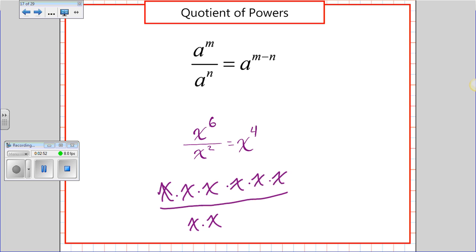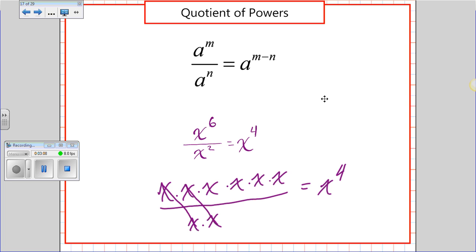Now, you could cancel out top to bottom, x over x and x over x. You're reducing out 2 x's, and you're left with just 4 x's. So the answer is x to the 4th.